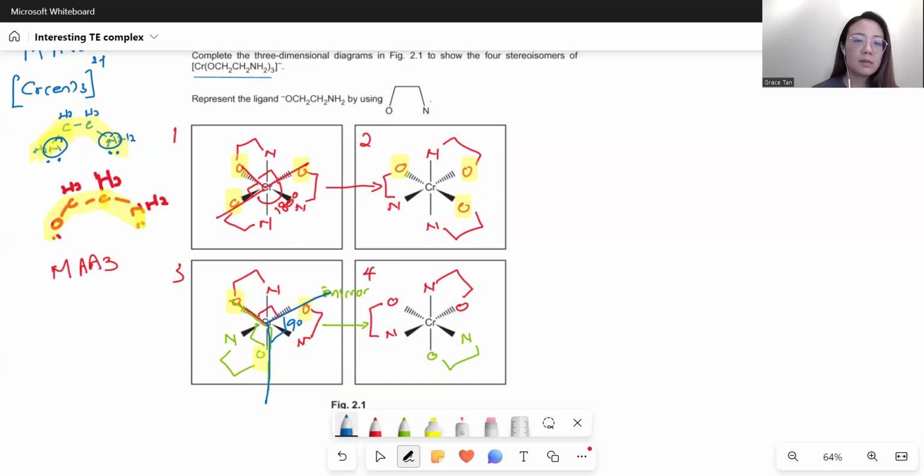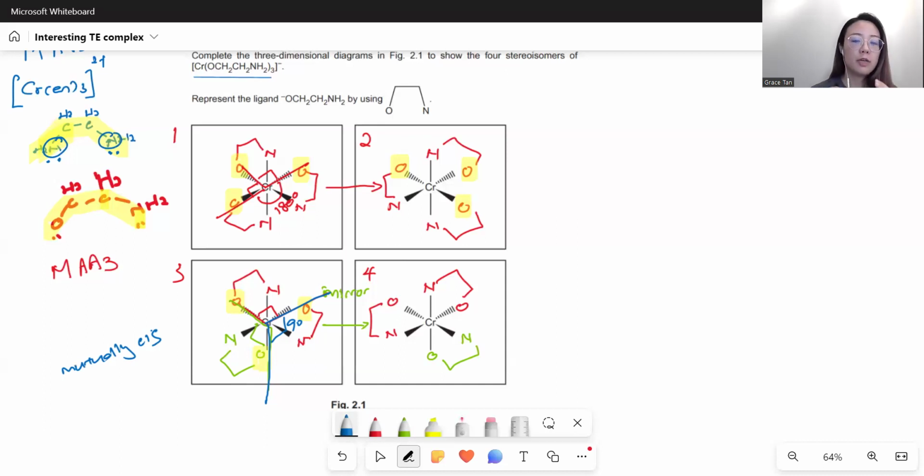So we can see a distinctive difference between the first set, 1 and 2, and the second set, 3 and 4, where the 3 oxygens are mutually cis. This is called mutually cis. Cis means 90 degrees angle. So isomers 3 and 4 are mutually cis and they are just mirror images of each other, because you need a minimum of 2 bidentates to show optical isomerism, remember?